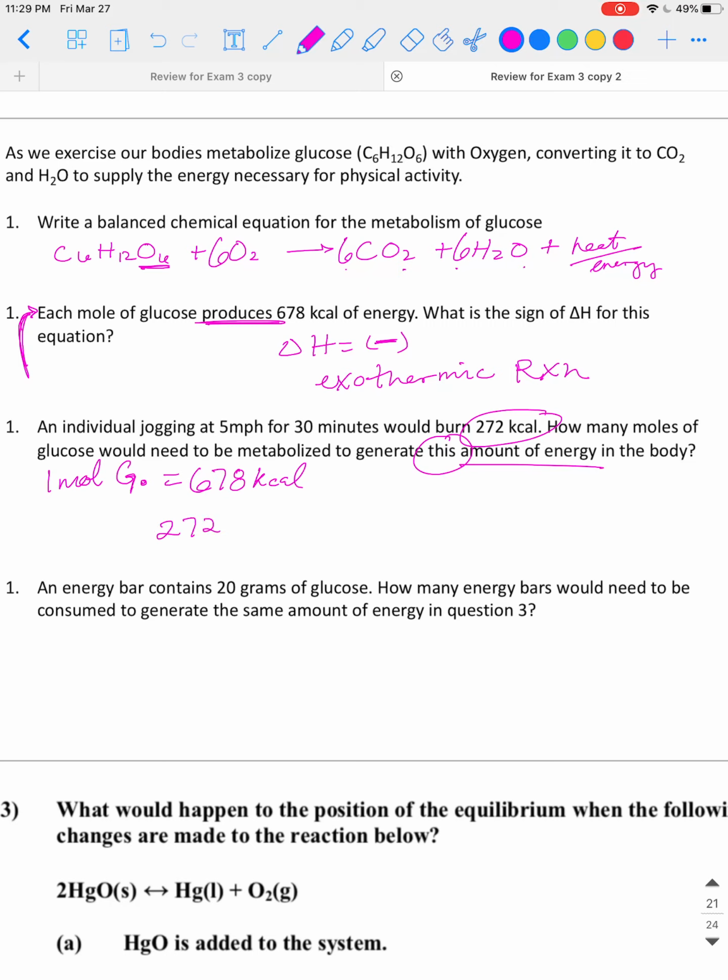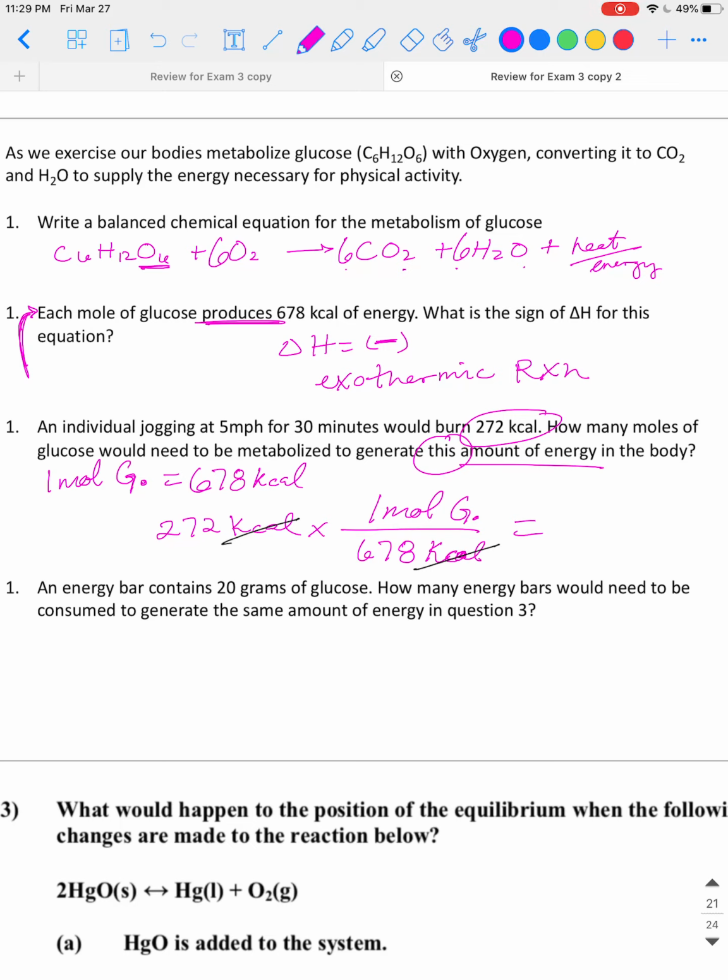So I'm going to start with the number given in this third problem, 272 kcal, and use the relationship I wrote so that kcals cancel. 678 kcal for every 1 mole of glucose. Cross out the units that cancel, and we're left with moles of glucose. The problem is asking how many moles of glucose would produce 272 kcal.